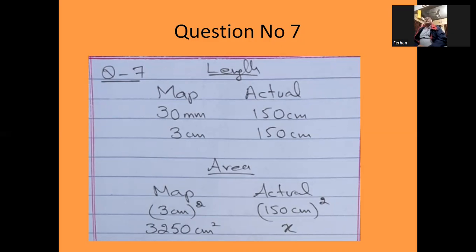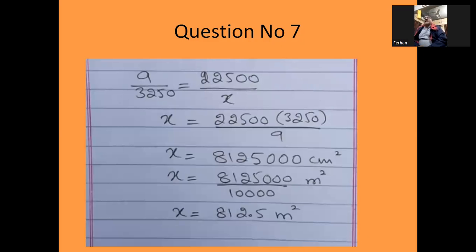So the area on the map is 3250 centimeters square, and we want to find out the actual area. So 9 by 3250 equals 22500 divided by x. So x will be equal to 22500 multiplied by 3250 divided by 9. So that will be 812500 centimeters square.